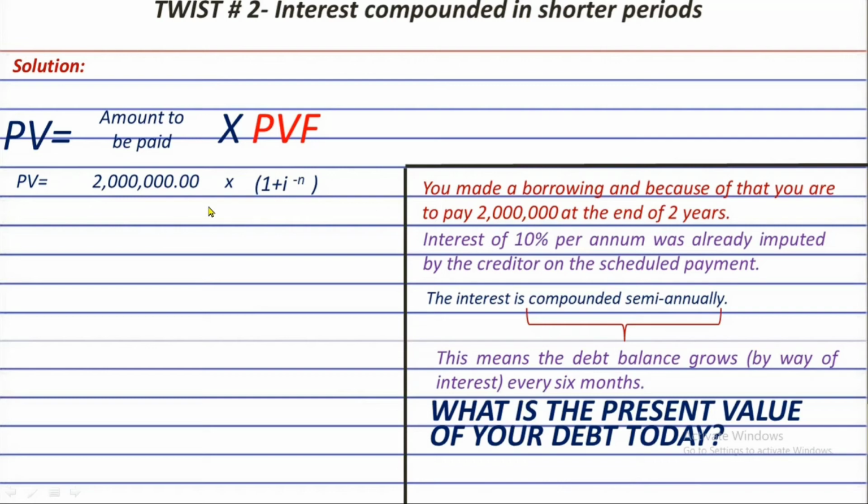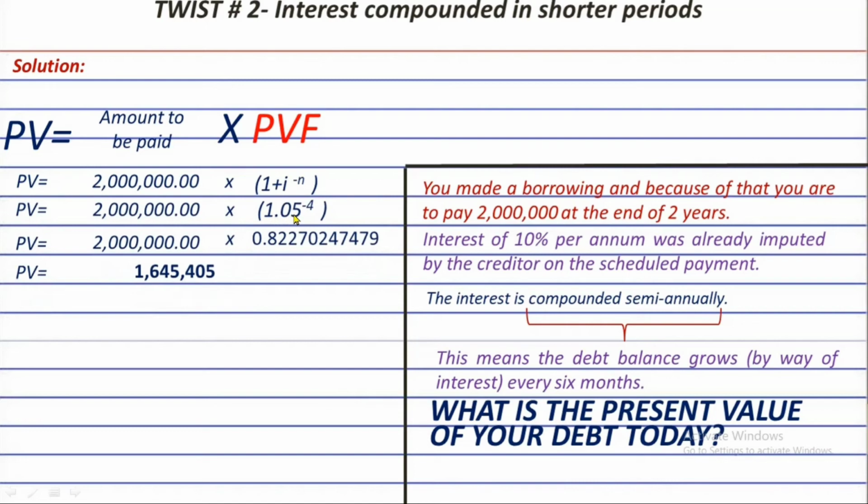Okay? Now, the 1 plus interest will become 1.05 instead of 1.10. Why? Because of this semi-annually here. Okay? I mean, since 10% is for 1 year or 12 months, then the rate applicable for 6 months is only 5%.